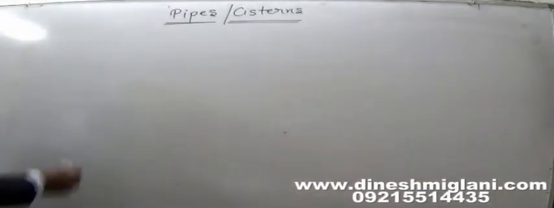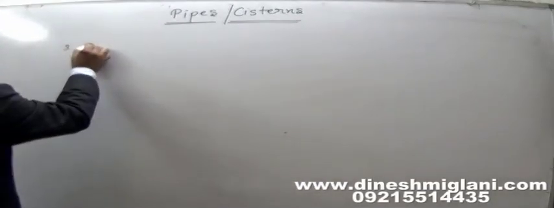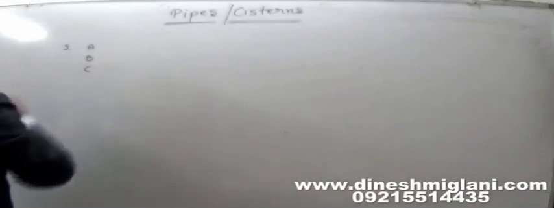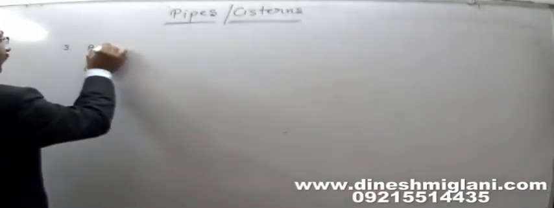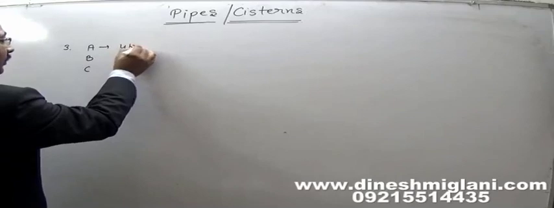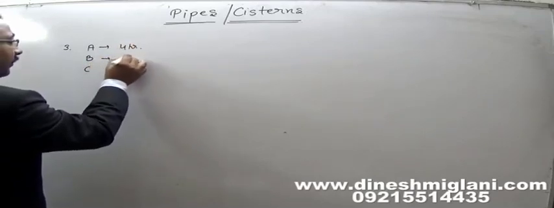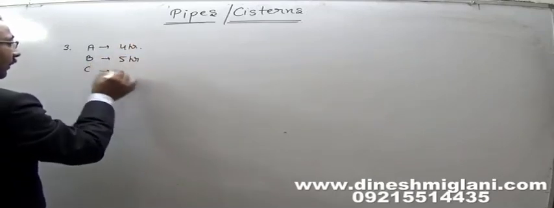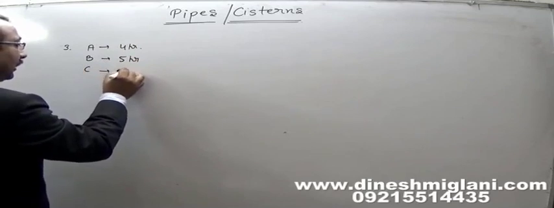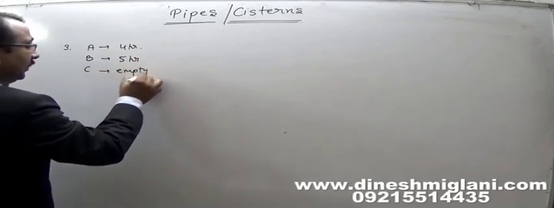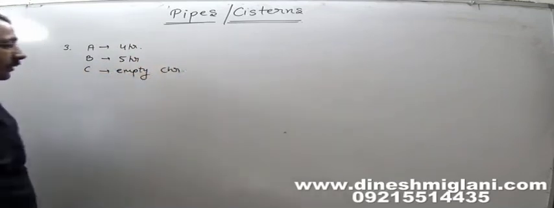It's given that there are 3 taps A, B and C, right? A tap can fill the tank in 4 hours, B tap can fill the tank in 5 hours, and C tap can empty the tank in 6 hours. That information is given, right?